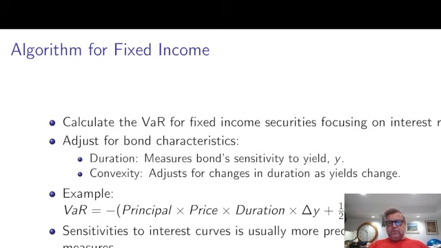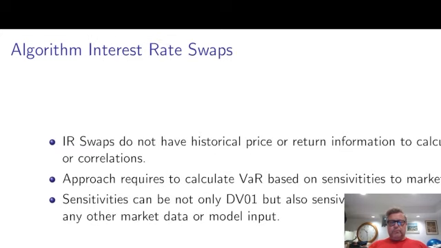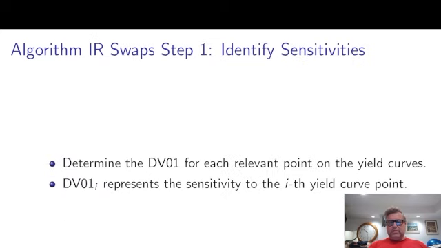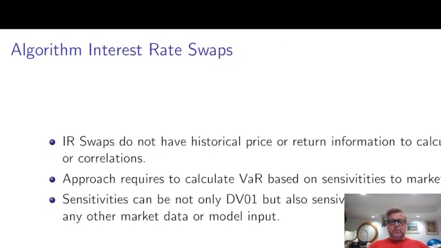Now the sensitivity here, we only have one duration number, but we could also, for example, take the sensitivities of key measures in the interest rate curve to have more precision. For interest rate swaps, the duration measure is very uncommon, and you don't have a historical price.